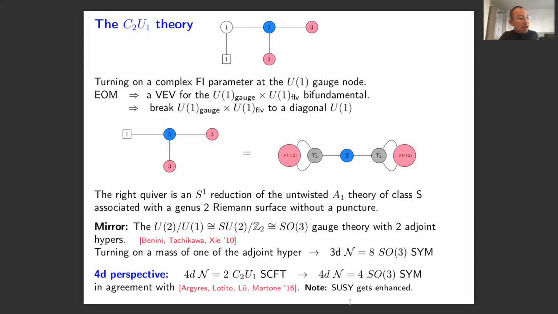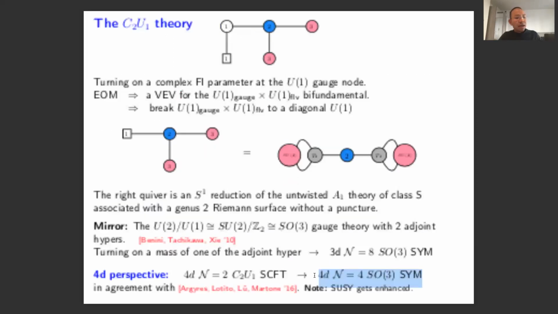I would also like to point out that by giving mass deformation in 4D, or giving complex FI deformation in 3D, you get an RG flow which has a supersymmetry enhancement. You can see that N=2 supersymmetry gets enhanced to N=4 supersymmetry, and we can even identify the theory. This is very nice.